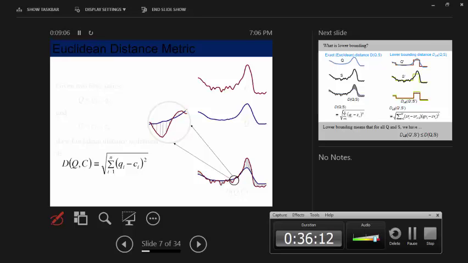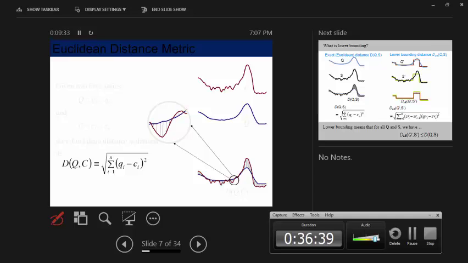So you have time series data. Think about time series data like blue lines and red lines, right? How can you compare two different time series, both over the same time period?